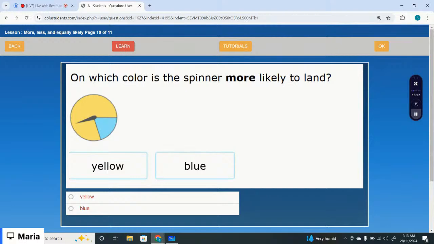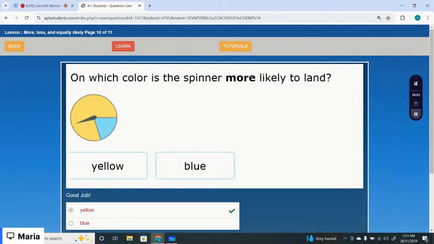On which color is the spinner more likely to land? So, which is the correct option? More likely to land on yellow. Option number 1 is the correct option.